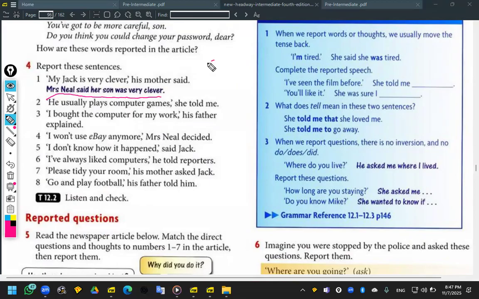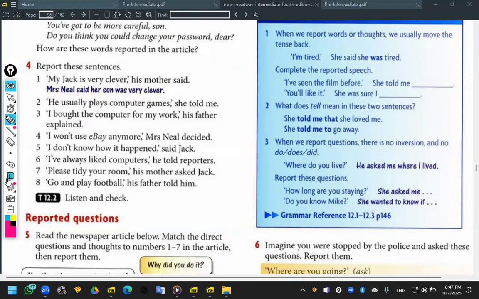Be careful about the tense, the pronoun, and the time marker. Be careful if it is a question because you have to invert the places of the subject and verb. And if it is a yes or no question, as I explained before, you have to use if or whether. Don't forget this rule.